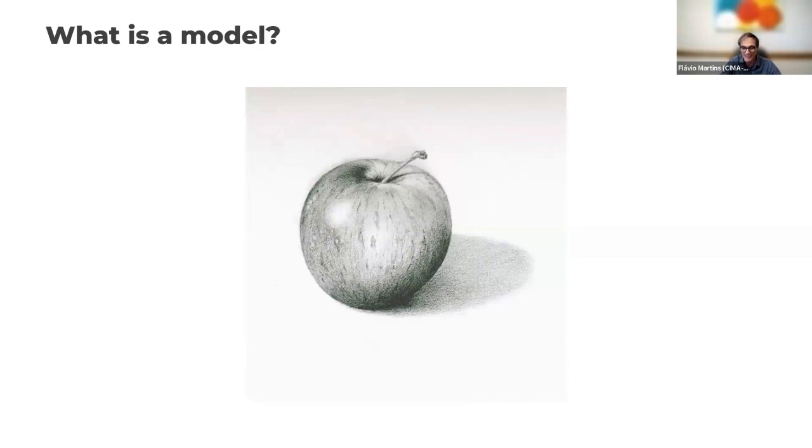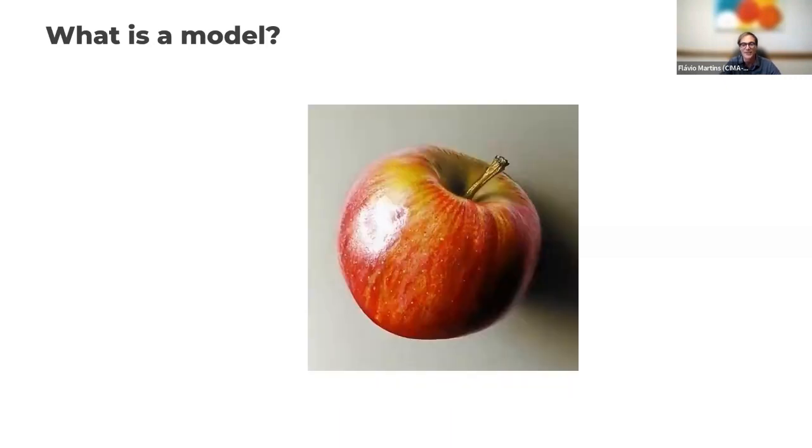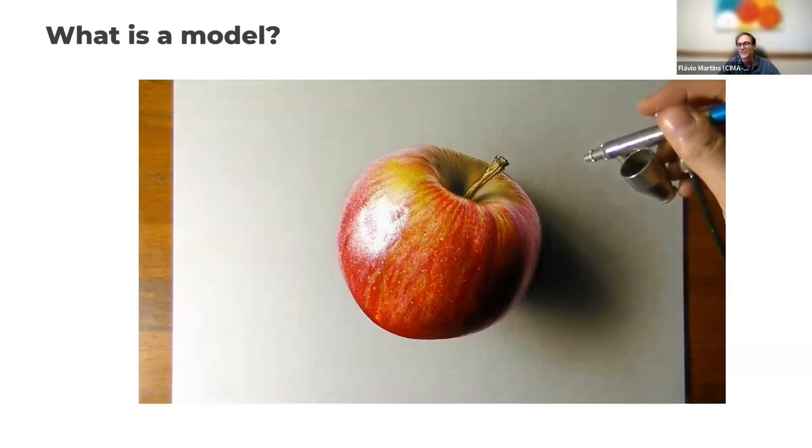So this one really looks like an apple. Some of you said it's a picture of an apple. Some of you were a little bit more acute in your observation and managed to say, although of all this brightness here, that it really looks like the painting of an apple. Okay, so none of this is an apple.